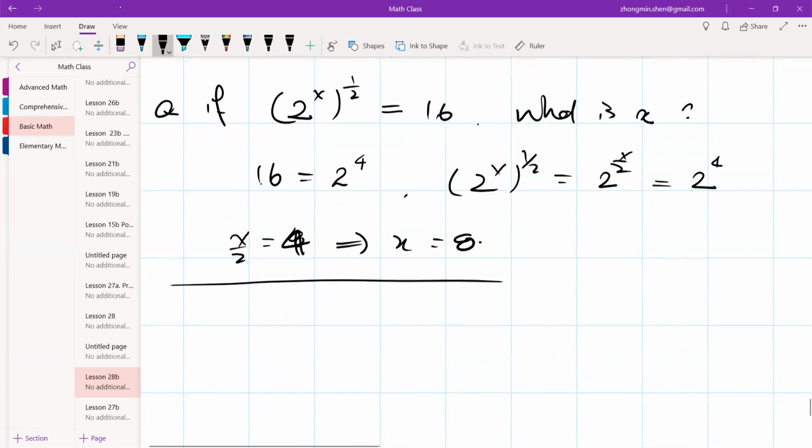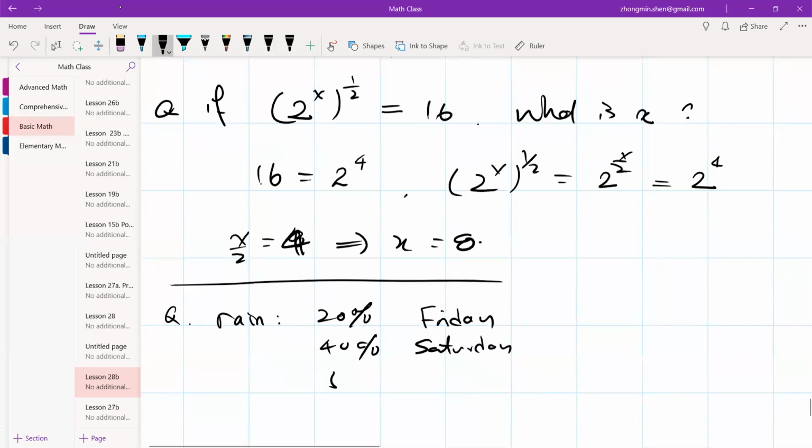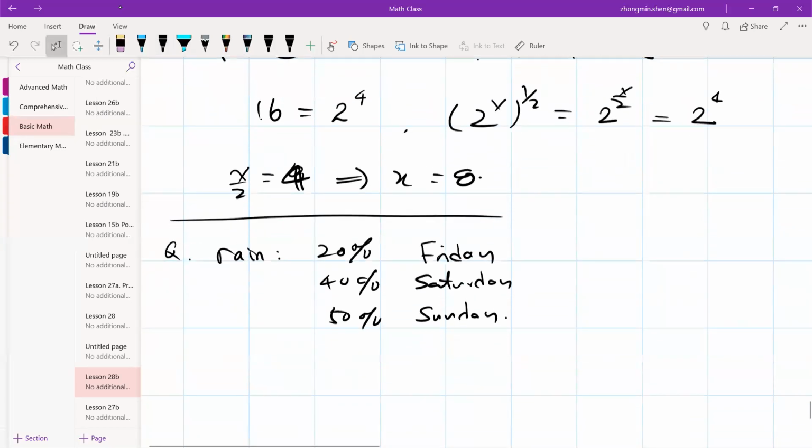Expressed as a percent, what is the probability that there's no rain on any of these days?